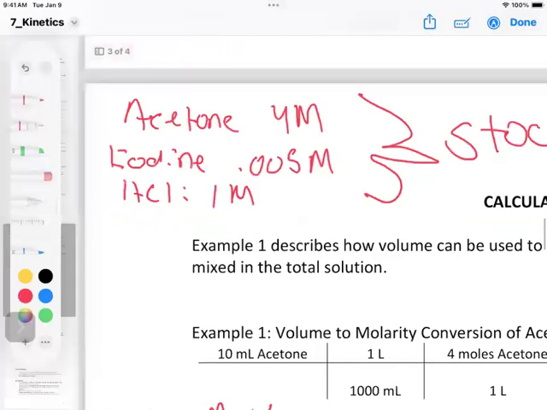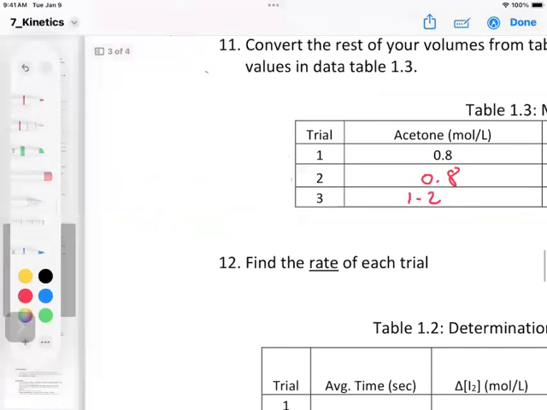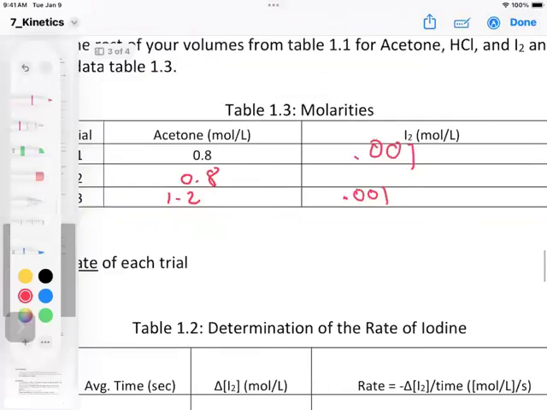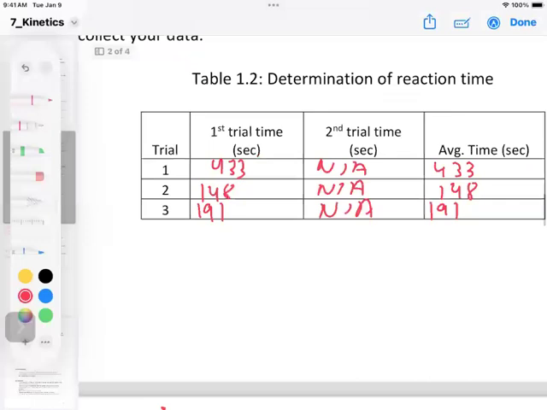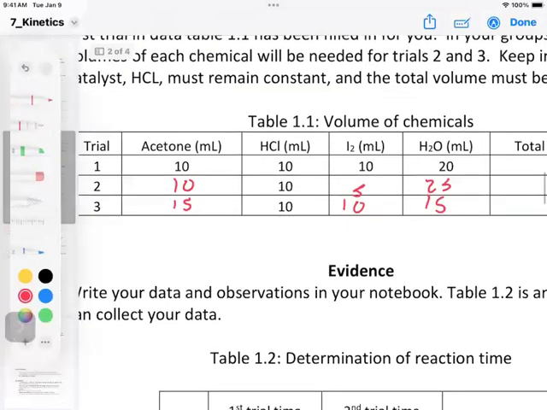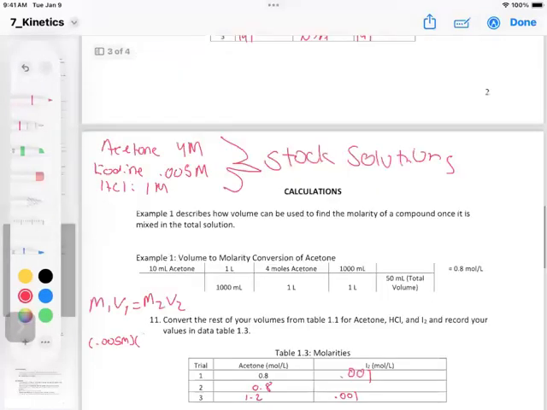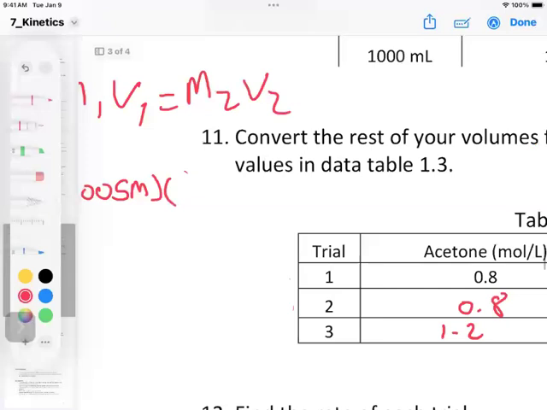M1 of iodine again is 0.005 molar. The volume used in trial 2 is 5 milliliters. M2 is what we're trying to find.